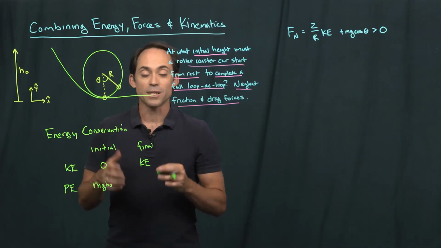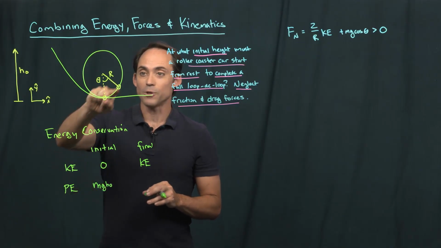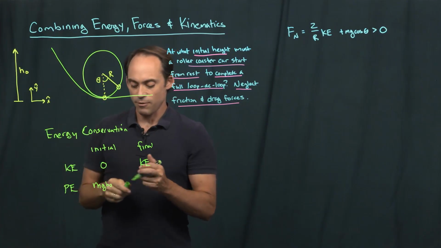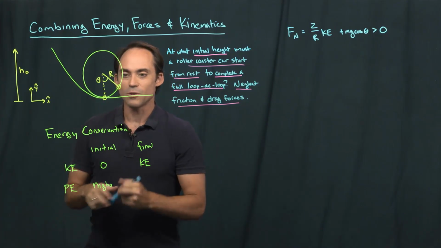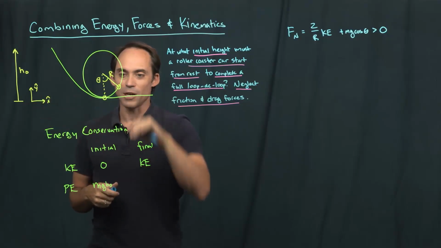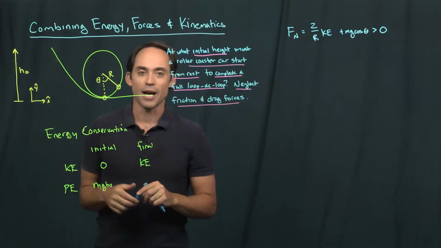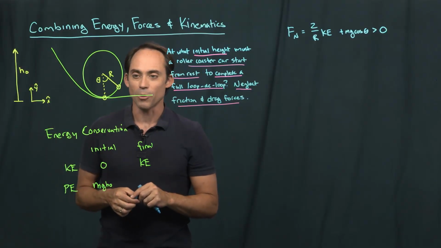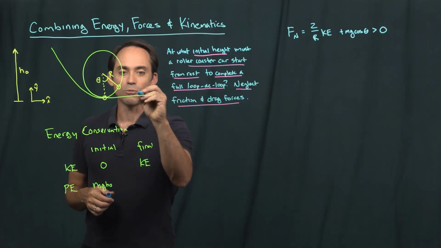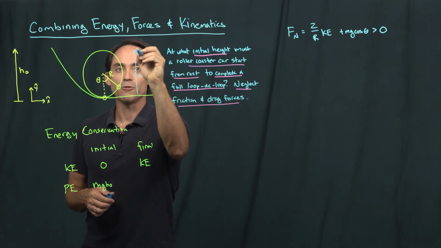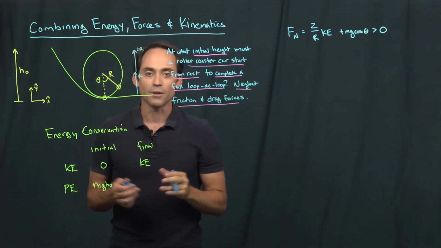And now we have to figure out what is the potential energy at any arbitrary angle along this loop. Well, you can tell that if we look at this diagram, if we set the bottom here to be our 0 point, which is what we've done implicitly by setting mgh to be the height of our initial drop-off point, the roller coaster is going to go up to a height of r and then to a height of 2r as it goes around the circle.